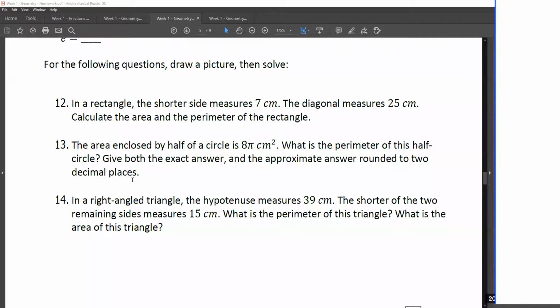The area enclosed by half a circle is 8 pi centimeters squared. What is the perimeter of this half circle? Give both the exact answer and the approximate answer rounded to 2 decimal places. So what do I mean by all that? The area enclosed by half a circle is equal to 8 pi centimeters squared.